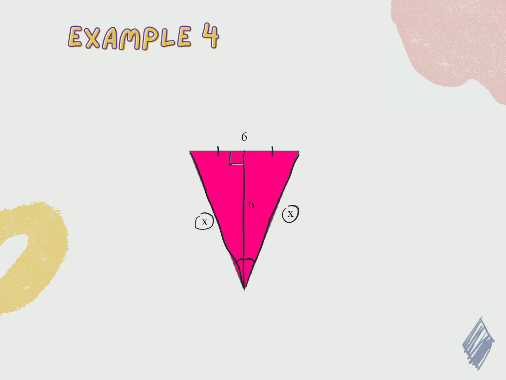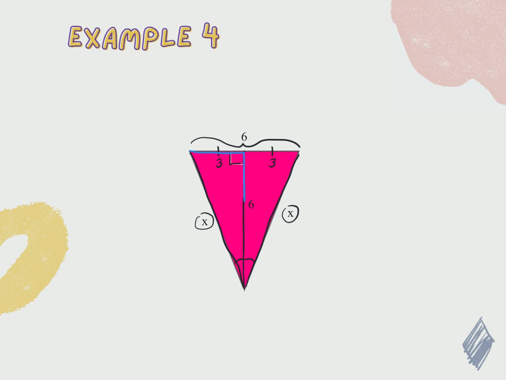And so I know that if the whole side is 6, this is 3 and this is 3. And so again, once I do that, I realize that I've got the legs of a right triangle.